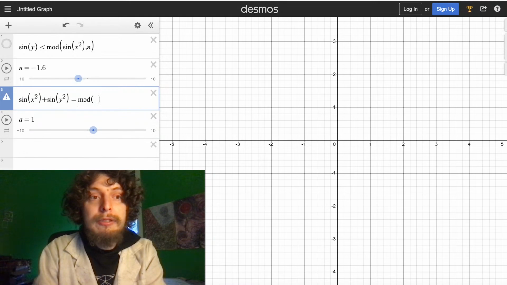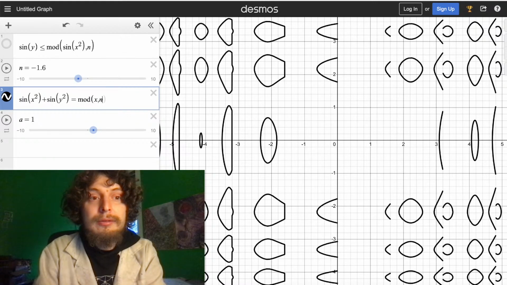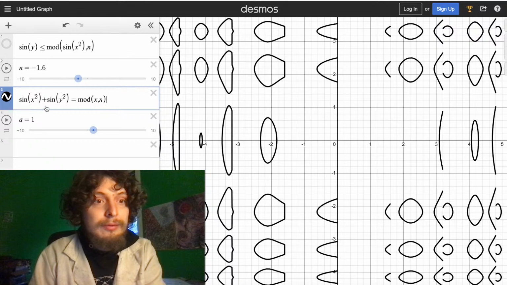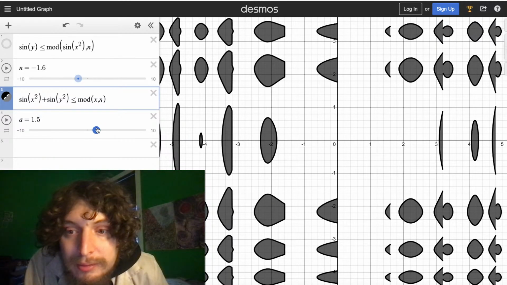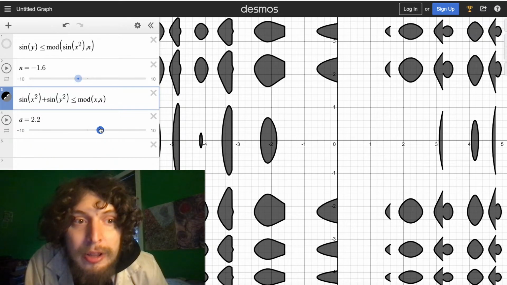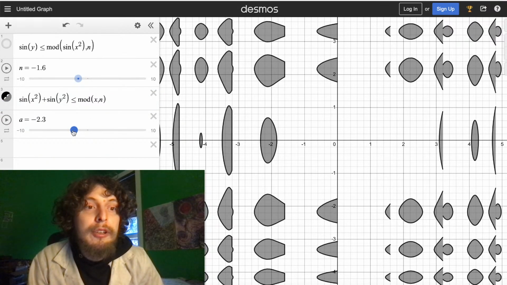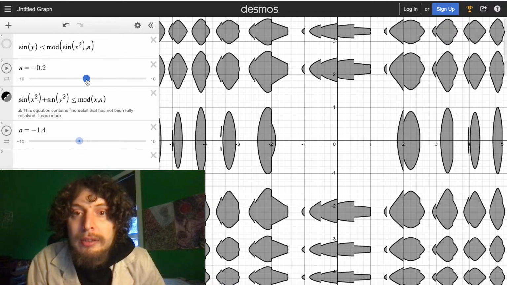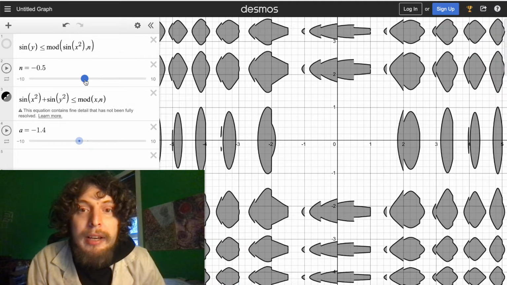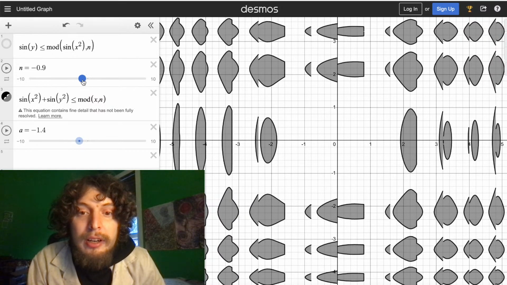Mod of... ooh, we got a lot of cool creatures. So the mod is good at separating different creatures. Oh no, N is up here. Yeah, I like the mod because we can make creatures out of this a lot easier.